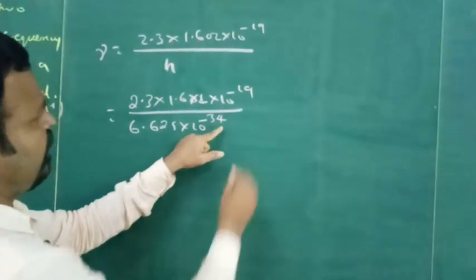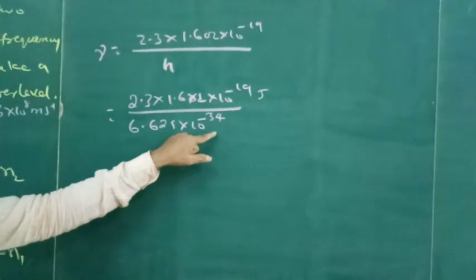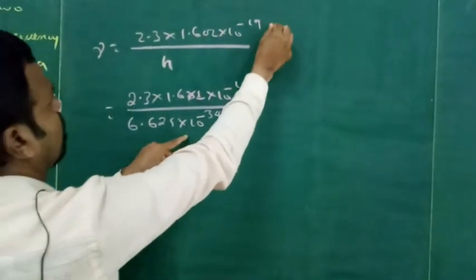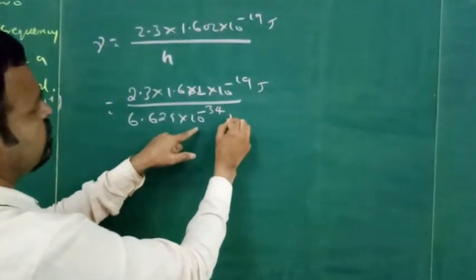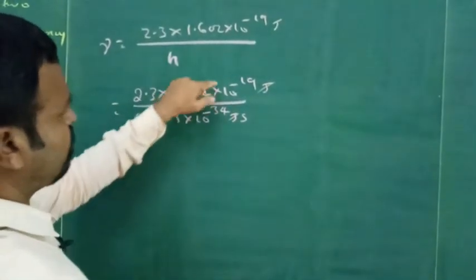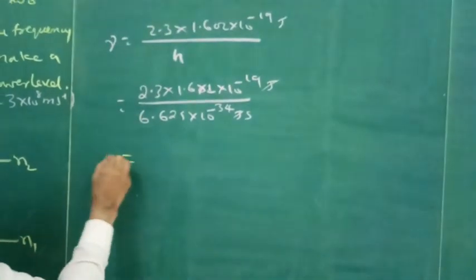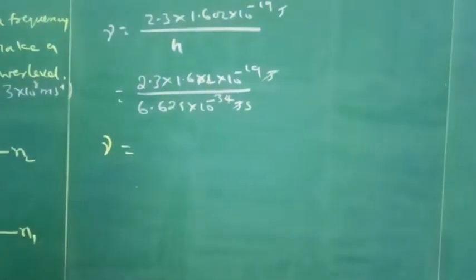This is joule second. You see, just concentrate on units also. The numerator is in joule, h is in joule second. Joule gets cancelled, then we get per second. Per second is hertz.